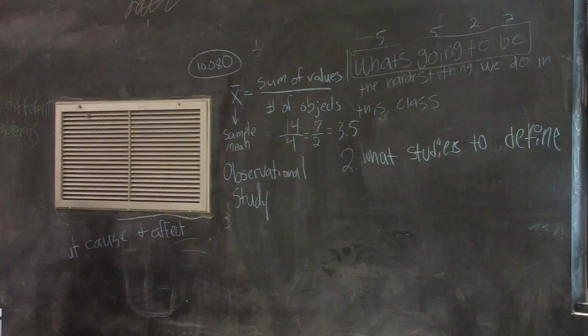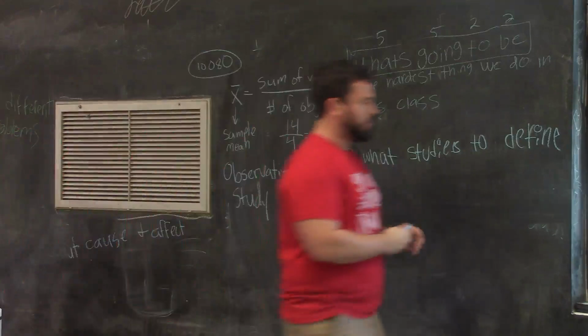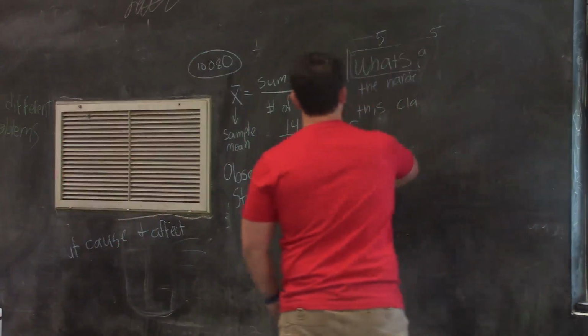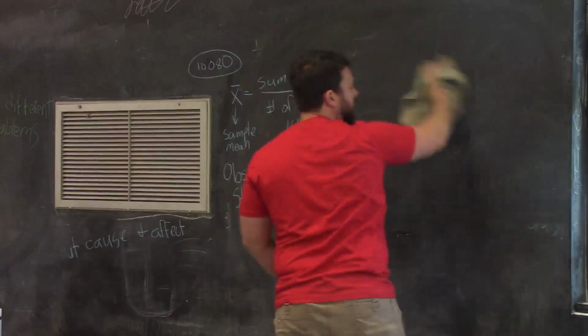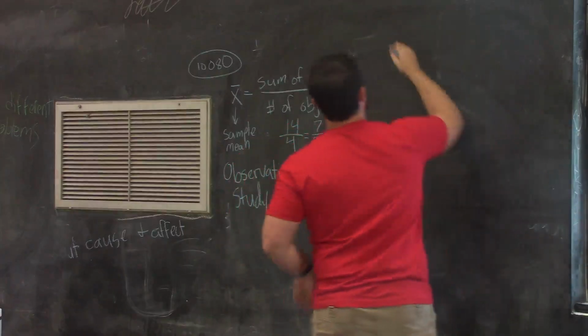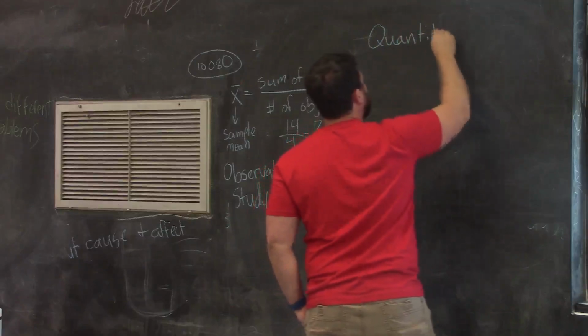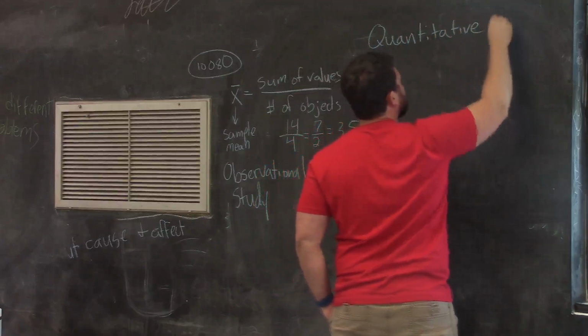Difference between categorical and quantitative. All right, so as a reminder, I'm going to erase some of this since I covered this. We're going to start with quantitative, and I'll explain why in a second. Quantitative. What is the defining characteristic or detail for quantitative data?